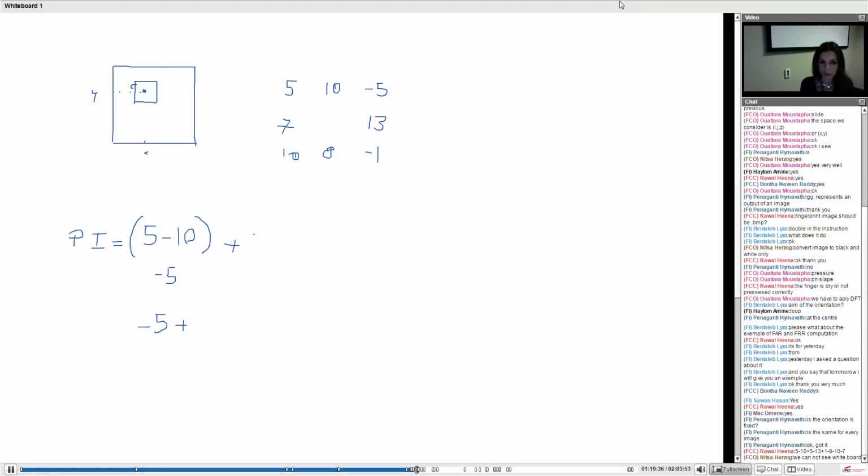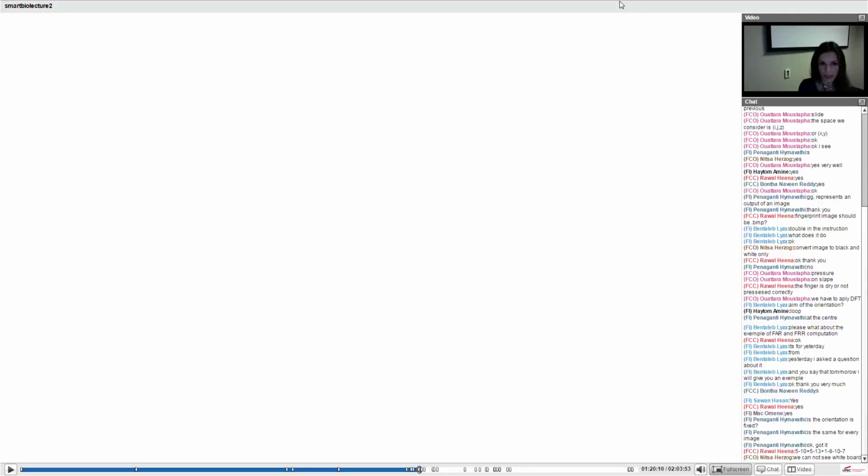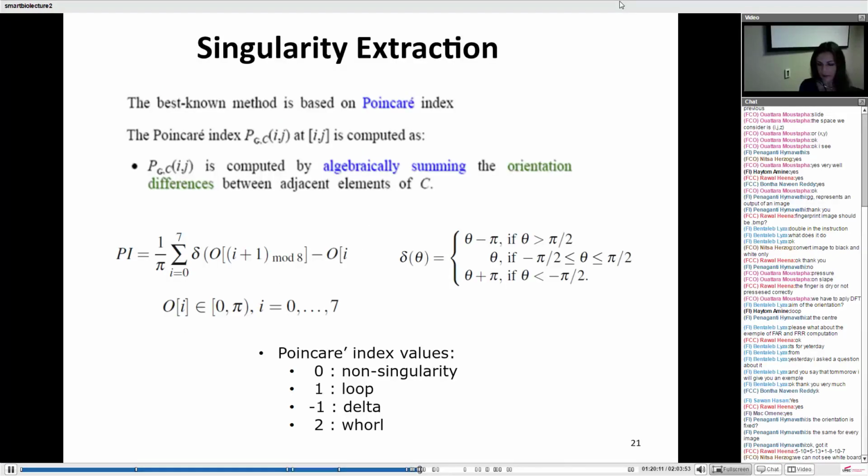We go back to the second neighbor. We consider this first pair, and now we consider the second pair. 10 minus 5 plus 5, which is 15. And then we have 15 here as value.